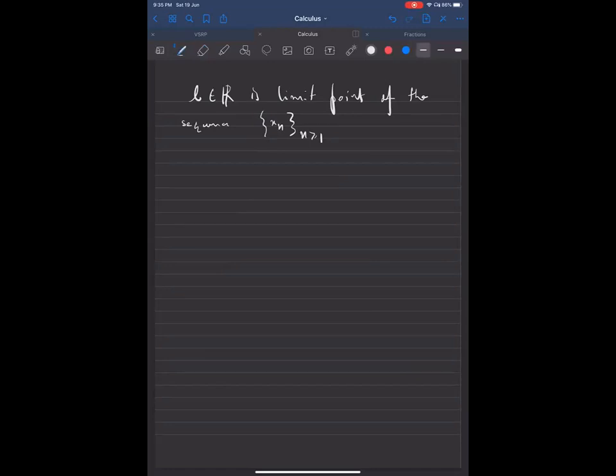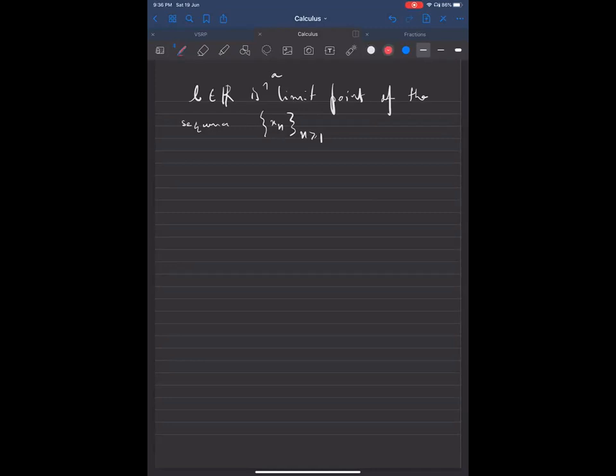Anybody? You know the definition of it? For any epsilon greater than 0, there exists an N such that mod of xn minus L is less than epsilon for all n greater than or equal to that N. Exactly.